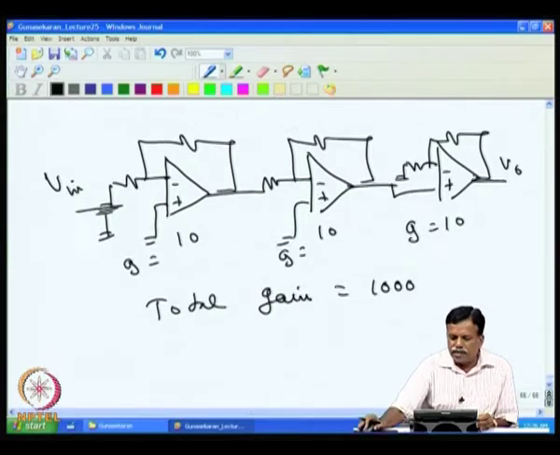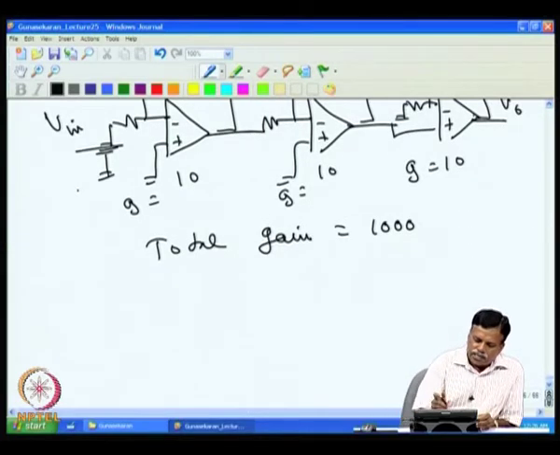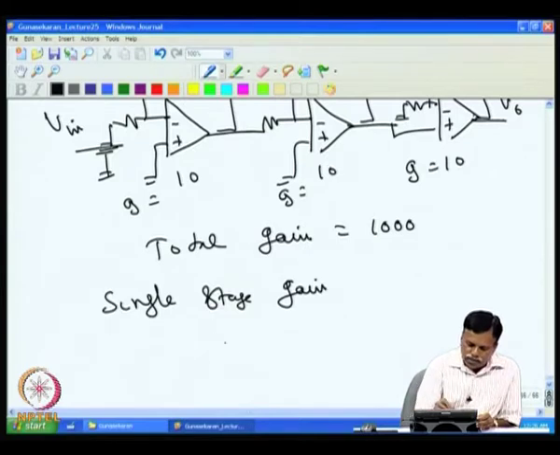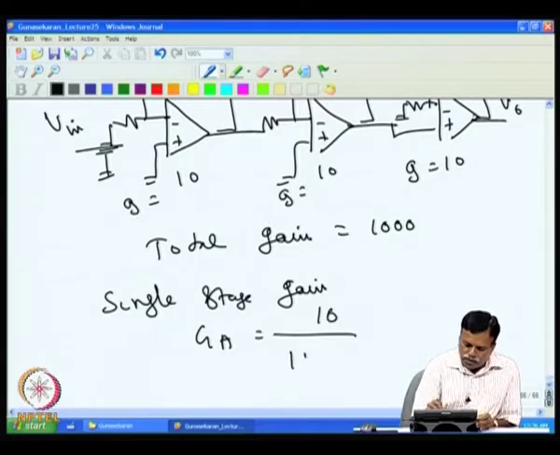Now, if we calculate V0 and V input, you will find that the gain error is much smaller, because if I calculate the single stage gain, the actual gain would be the set gain of 10 divided by 1 plus 10 by 20,000.